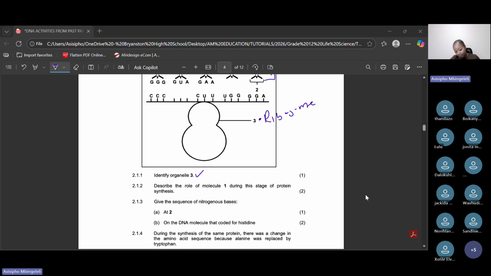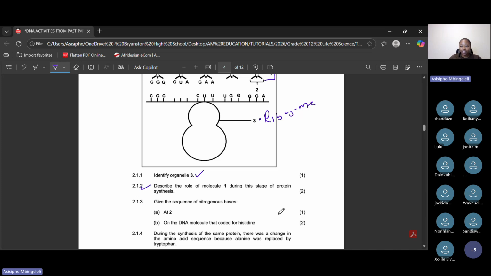Full 2 marks. Thank you for that. Please write it down: carries the specific amino acids to the ribosome, but obviously you need to include coded for by the messenger RNA codons. That's how you get your 2 marks.